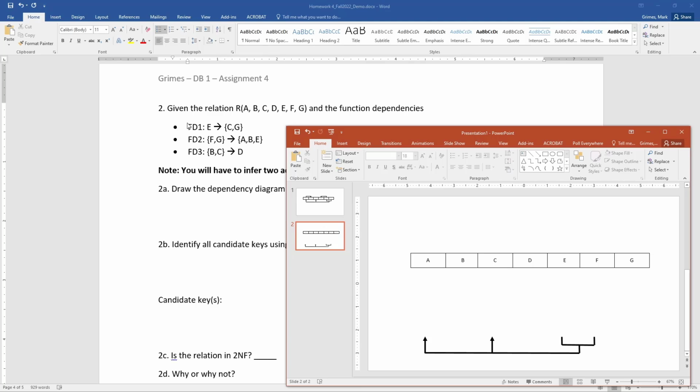Functional dependency 1 is that E determines C and G. So E determines C and G. So that will look something like that.